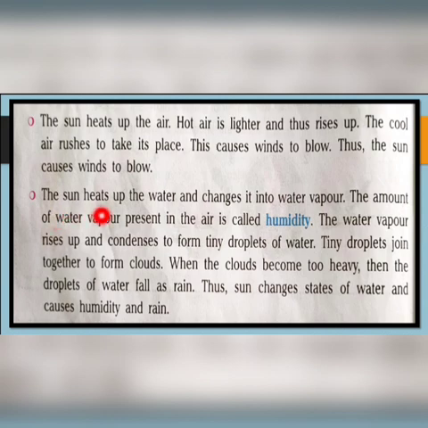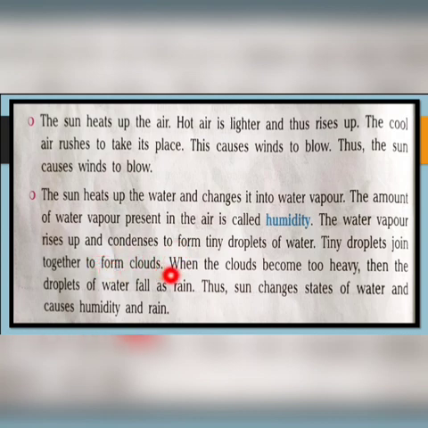And sun heats up the water and changes it into water vapor. The amount of water vapor present in the air is called humidity. The water vapor rises up and condenses to form droplets of water. These tiny droplets join together to form clouds.